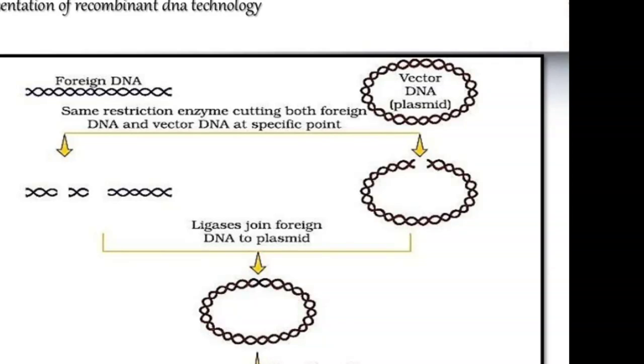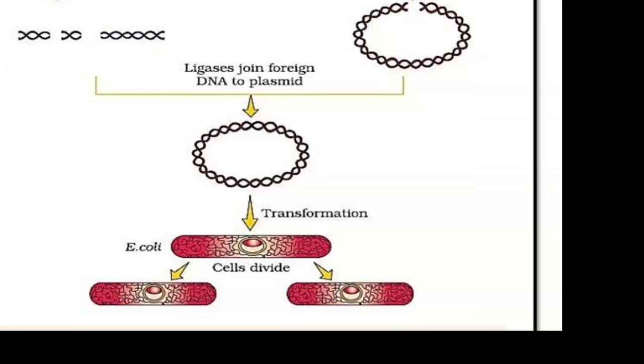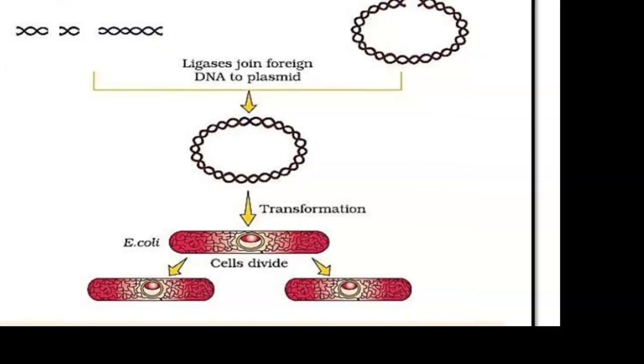And the vector DNA is taken from the plasmid of a bacterial cell, the extrachromosomal DNA found in the cytoplasm of the bacterial cell, and we cut it with the same restriction enzyme, cutting both the foreign DNA and the vector DNA at a specific point. With the help of the ligase enzyme, we join the foreign DNA to the plasmid.